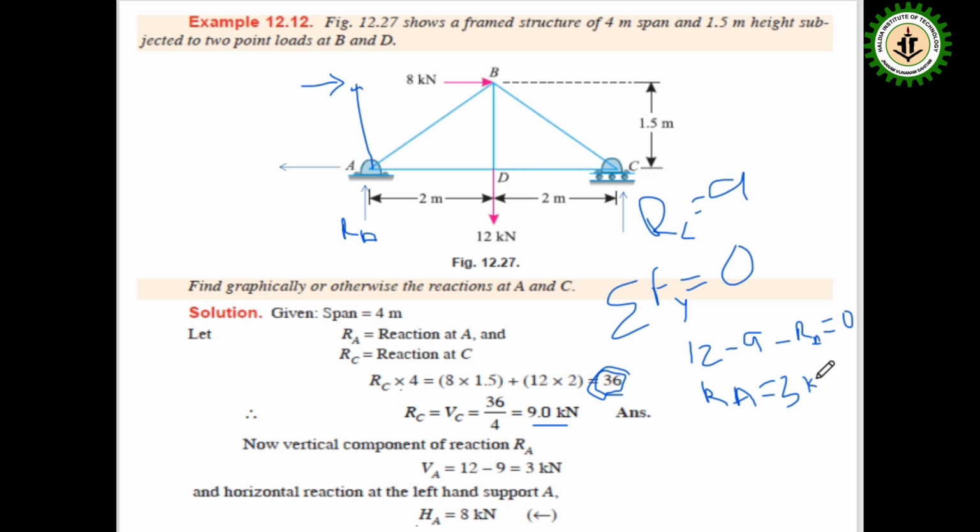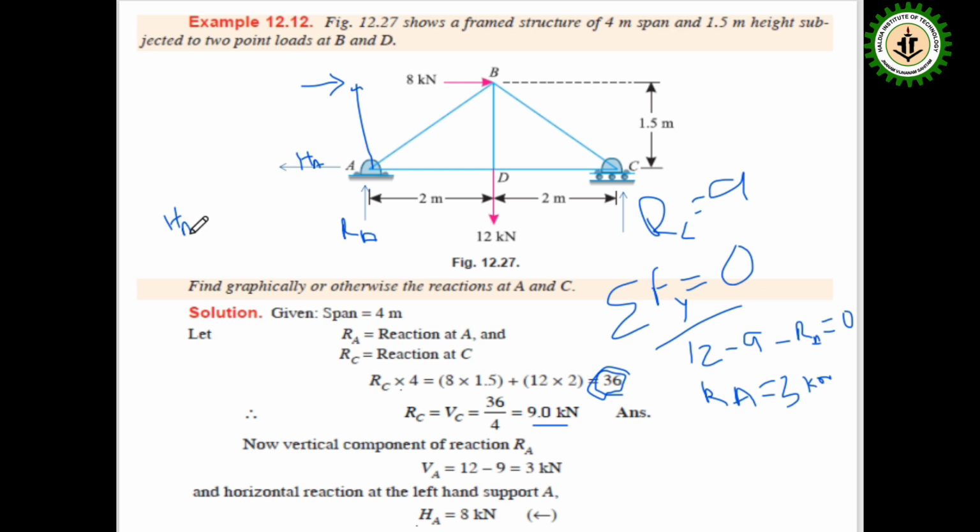In this method we have to find out the reaction force, and also the horizontal reaction at A, HA. In the same way we apply the summation of all the forces in Fx direction equals 0.